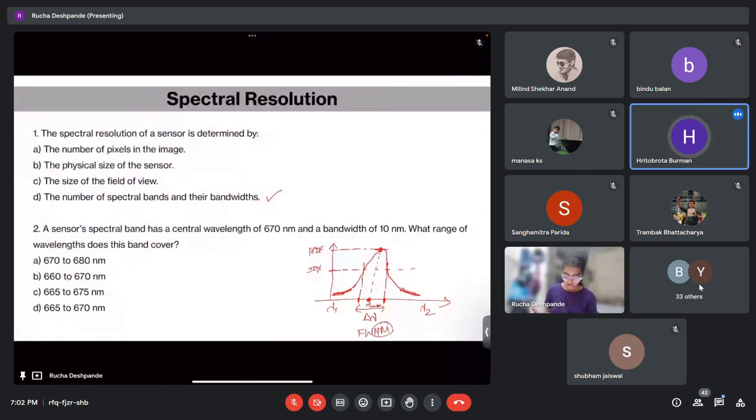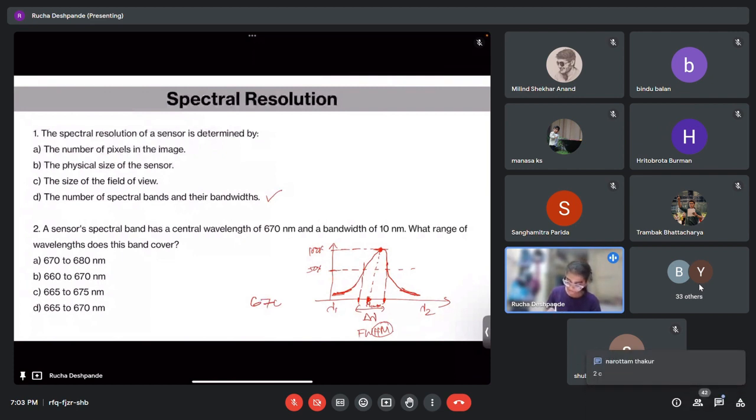C option, 665 to 675. Yes, that is right. Our lambda central here is given as 670, and the full width half maxima, the bandwidth, is 10 nanometers. So this much is 10 nanometers, and the range will be 5 nanometers on this side and 5 on this side.